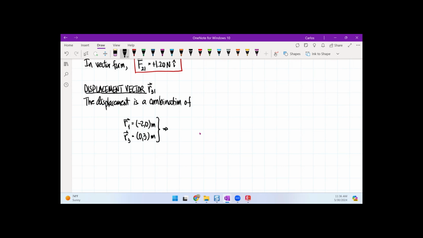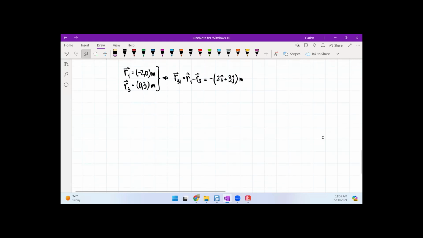To make sure it's in the third quadrant, that displacement vector has to be r1 minus r3. So I'm going to get minus 2i plus 3j in units of meters, which is a vector in the third quadrant.